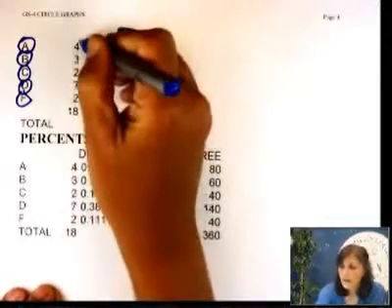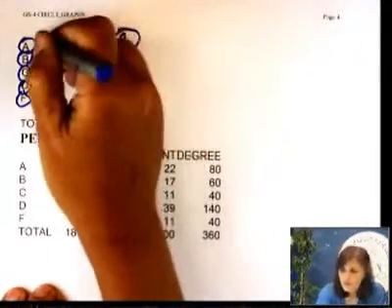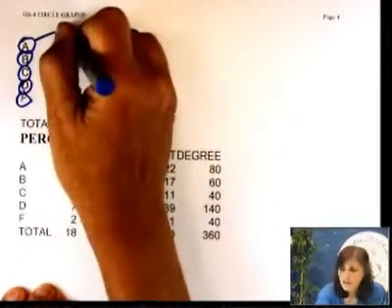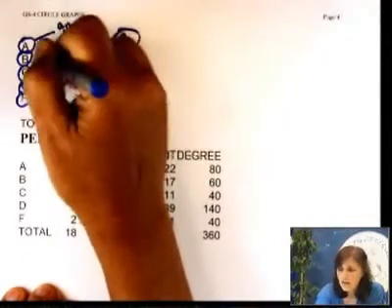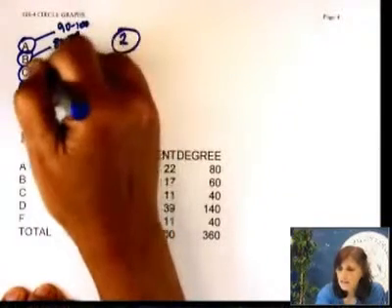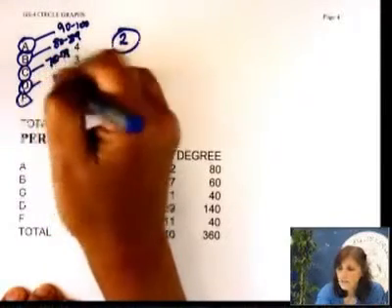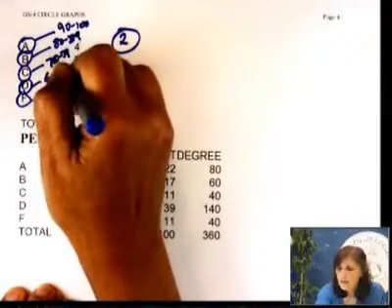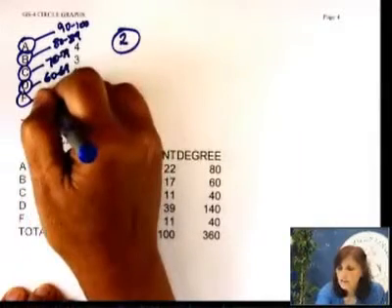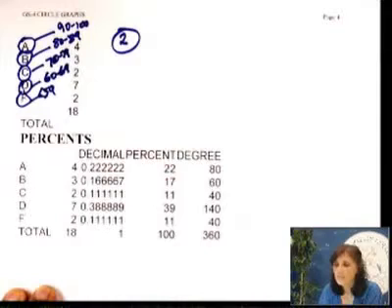All right, so I decided A is going to be 90 to 100, B is going to be 80 to 89, C is going to be 70 to 79, D is going to be 60 to 69, and anything below 60, 59 and under, I'm going to call them F. That's how we do it at IBC.